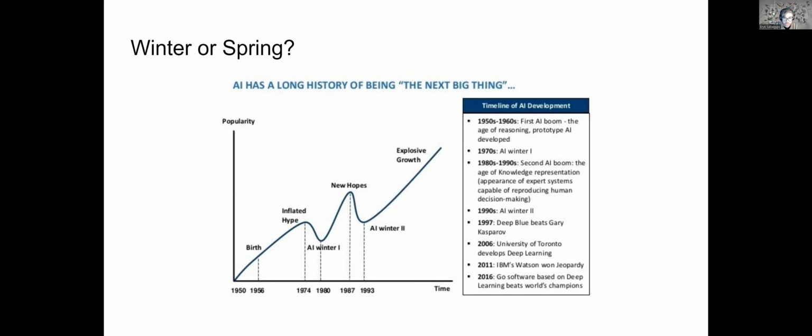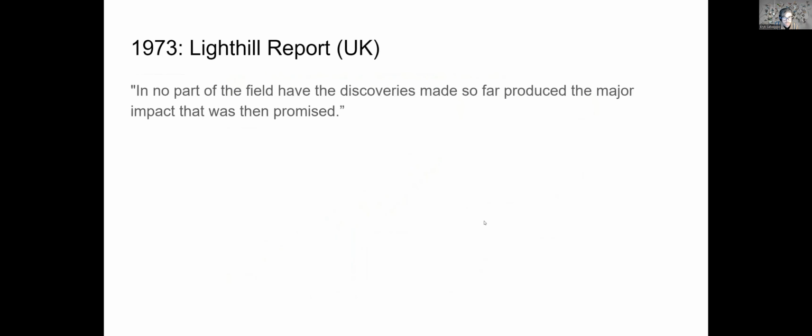"In no part of the field have the discoveries made so far produced the major impact that was promised," was the conclusion of the Lighthill report. This led to a suspension of support by the UK government into artificial intelligence research. In the United States, it was DARPA, the Defense Advanced Research Projects Agency, that stopped funding AI research.